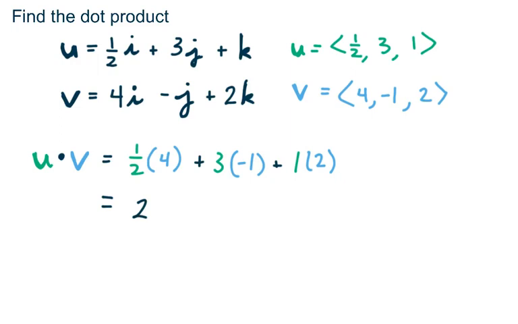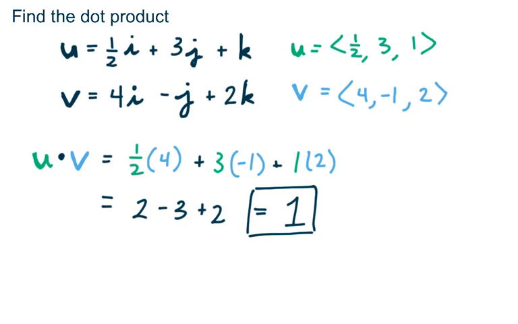Simplifying that, I get 2 minus 3 plus 2, which is 4, take away 3, or positive 1. So my dot product is the scalar value positive 1. That's how we find a dot product. And again, the dot product is useful because it's in the formula for the angle between two vectors.